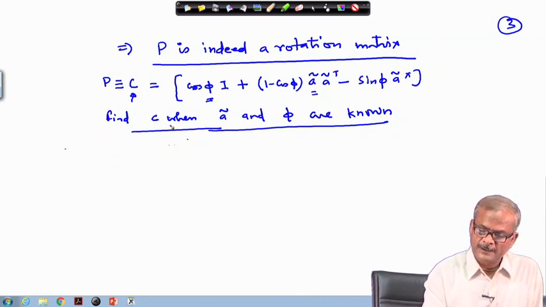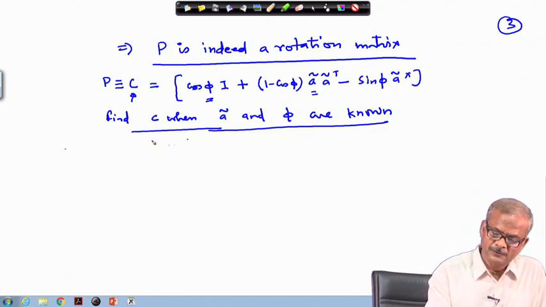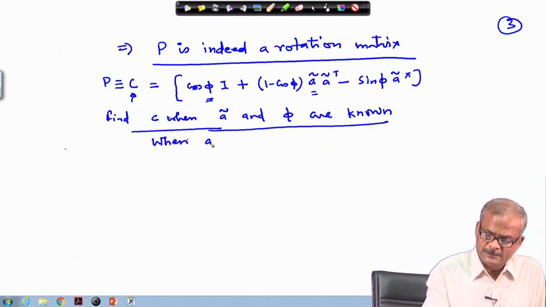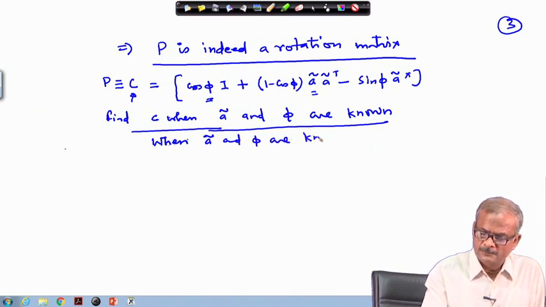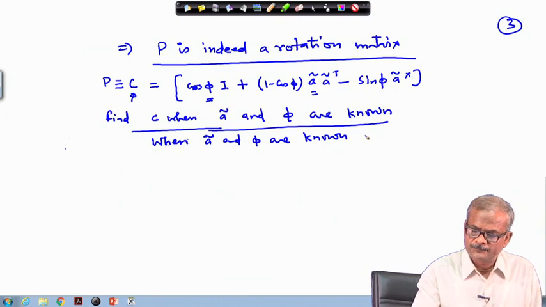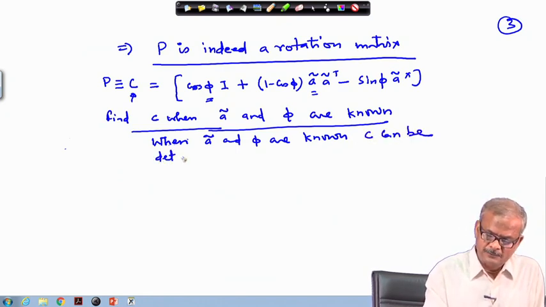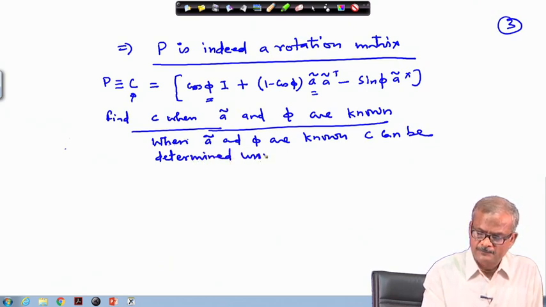So, when A tilde and phi are known, C can be determined uniquely.